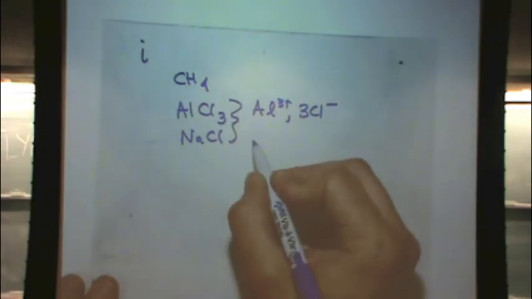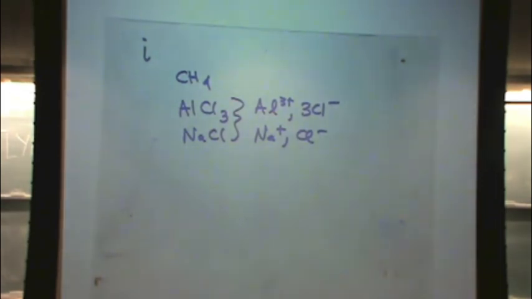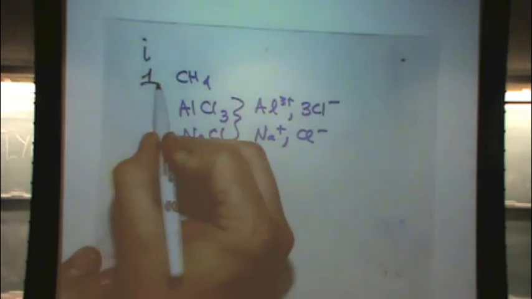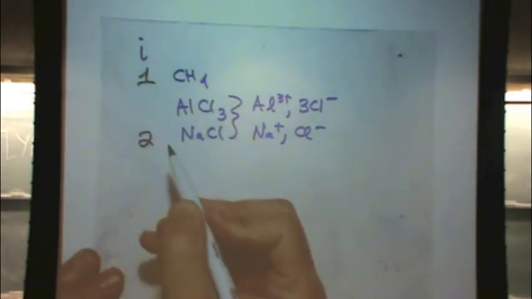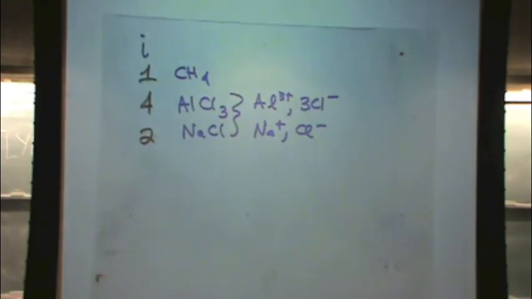Electrolytes do that. And for this one, it's a sodium and a chlorine. So i measures the number of items in the solution. Here there's just one thing. Sodium chloride, there's two, a sodium and a chlorine. And here there's four, an aluminum and 3 chlorines. So that's how you get to i. You determine if it's a good electrolyte, if it splits up in solution, and then you just count the number of entities, or the number of ions. That's where you get i.